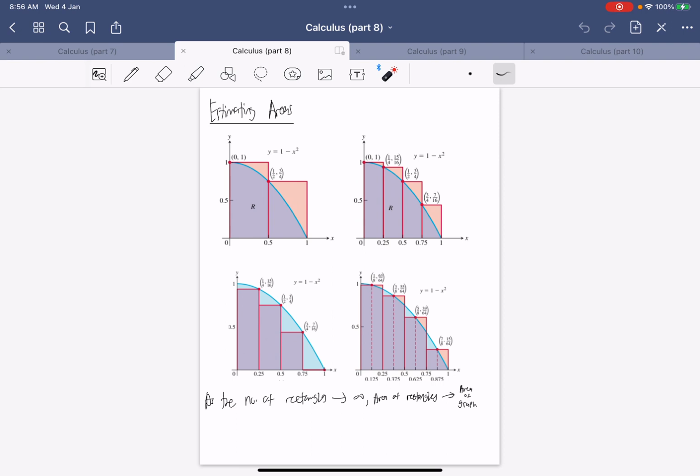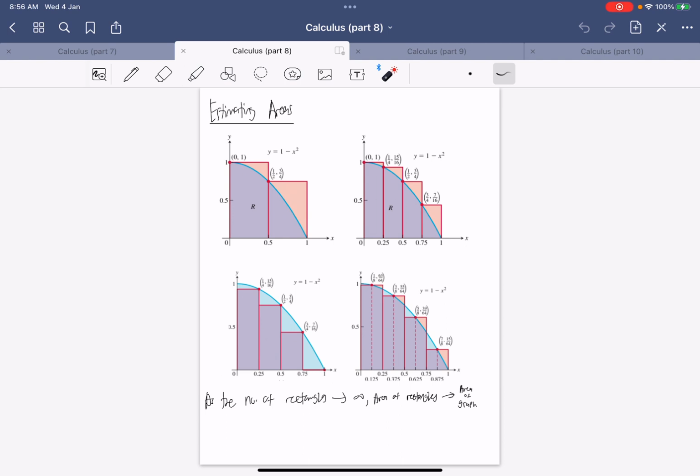But if you draw more rectangles, the estimation definitely gets better regardless, because you have a lesser error bound. So how did they estimate the area under a graph? They draw many rectangles so that the approximation is good enough.